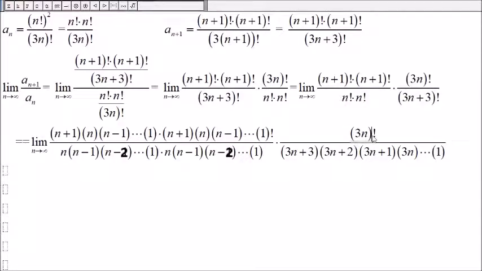And same here, this will be 3n, and then the next one will be 3n minus 1, and then 3n minus 2, and then all the way down to 1.